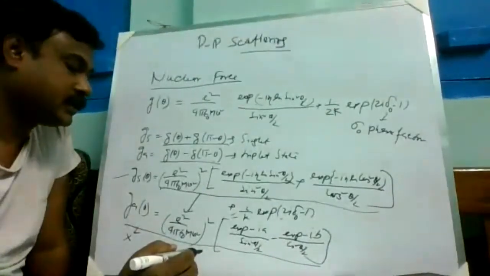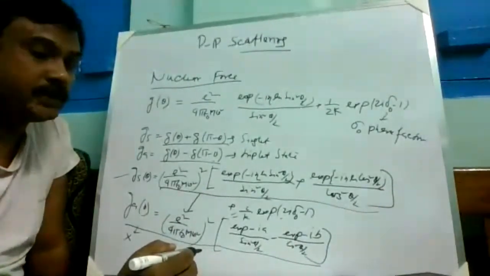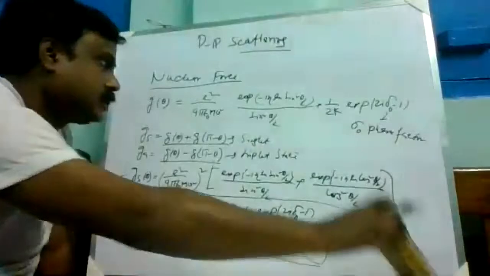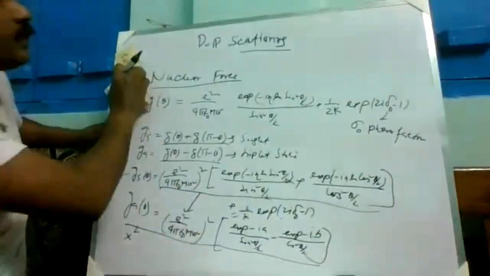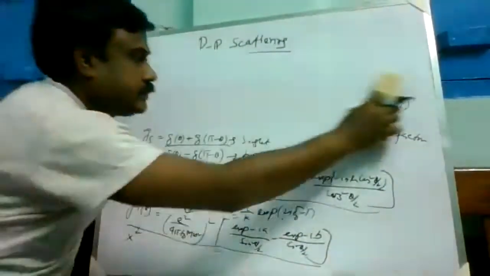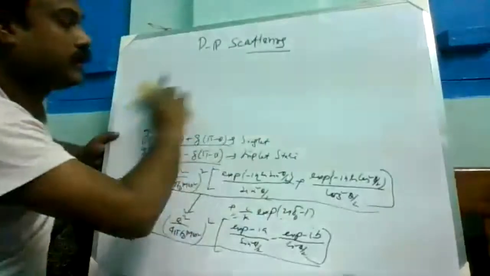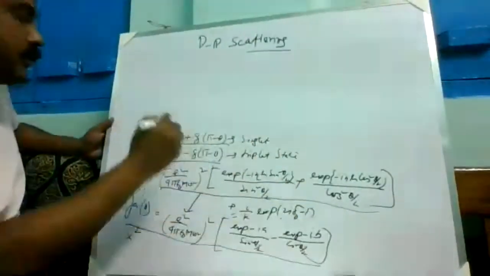So as in the previous case, you calculate the scattering amplitude. Since you have calculated it once, we will not go into detail.